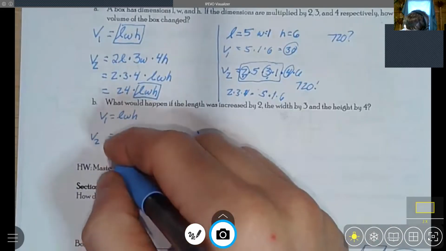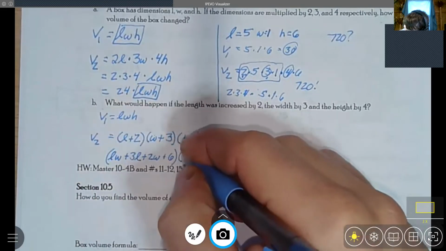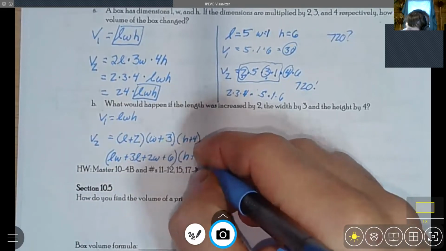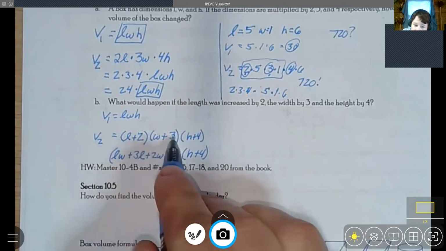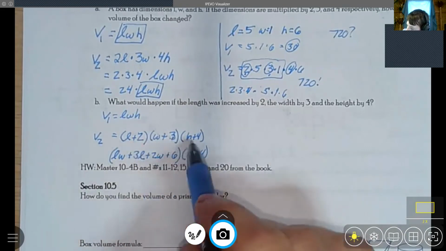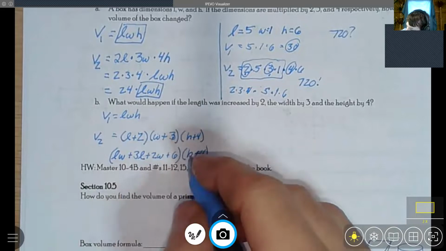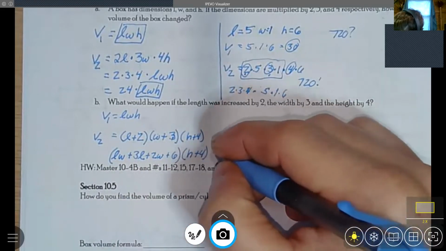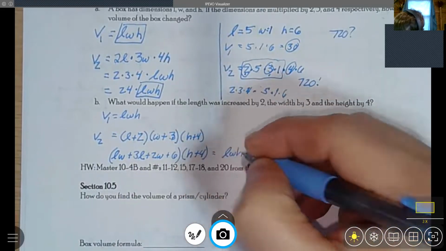Now I take that mess and I multiply it by H plus 4. Right, so first I multiply these two together. Then I take that answer, multiply it by this one. So LW times H is LWH.